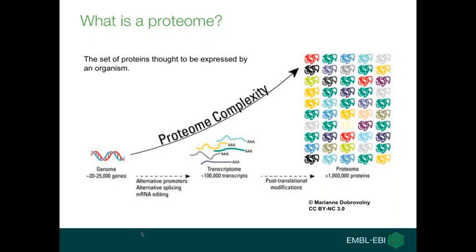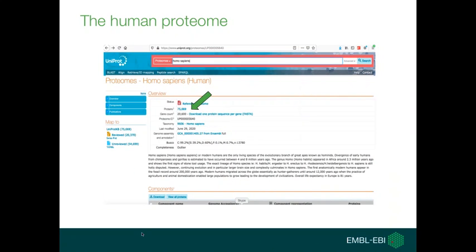So what we have done in UniProt is like this. If you look at the human proteome in UniProt, you will see that it has 75,000 proteins. So where does this come from? We have 2 different views of the proteome. One is the sum total of all the proteins that make up this proteome, and the other is the gene-centric view of the proteome.